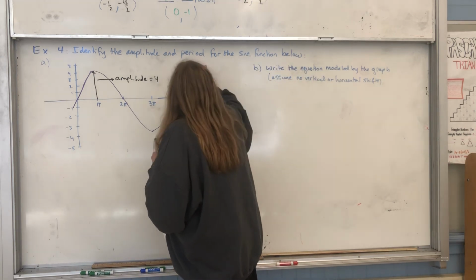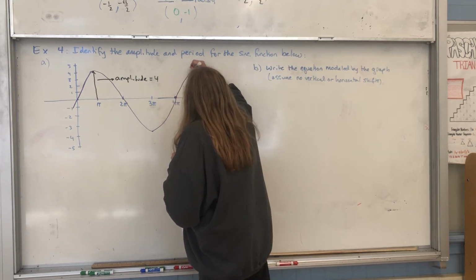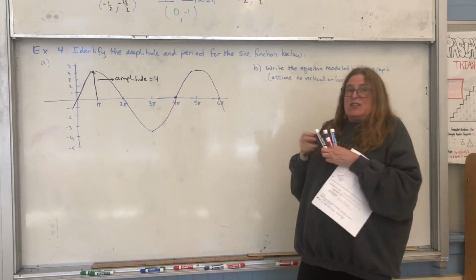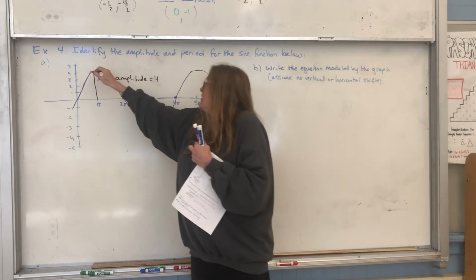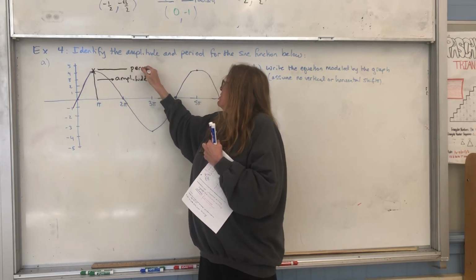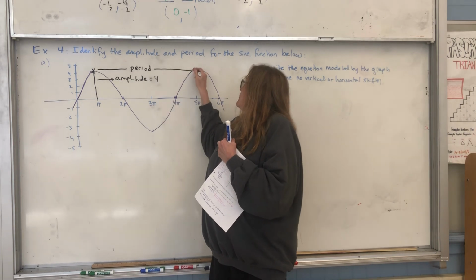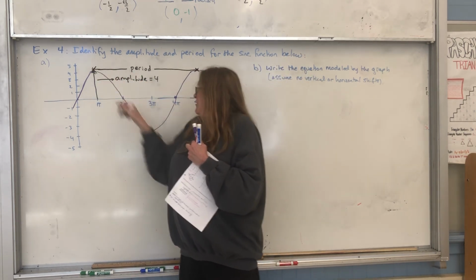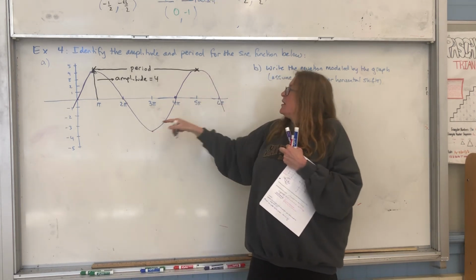Okay, period. Oops, I did not draw this very well. I find the easiest way to do the period is to go from mountain to mountain. This is the period right here. From the mountain to another mountain, or the valley to another valley. Here I have only one valley, so I'm going to go mountain to mountain.